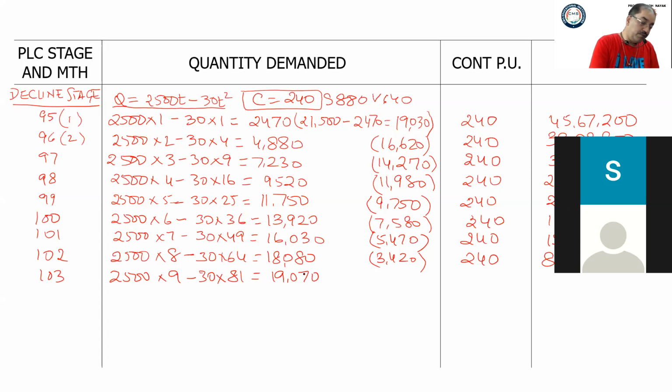One second. Yeah, 20,070. Minus 21,500. 1,430 into 240. 3,43,200.